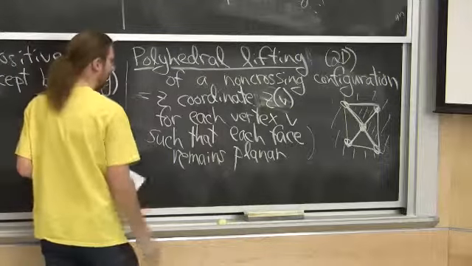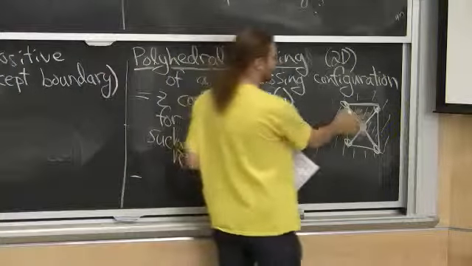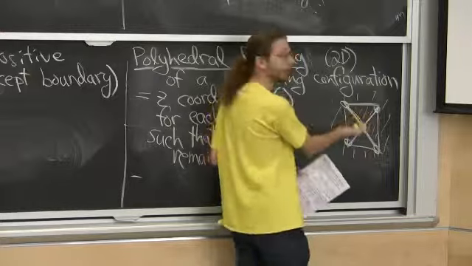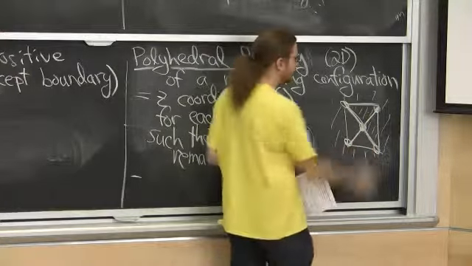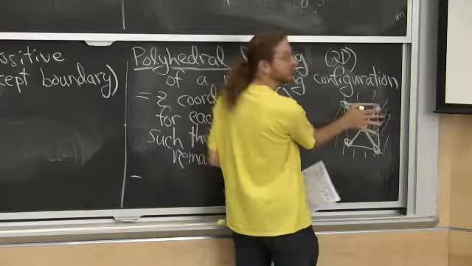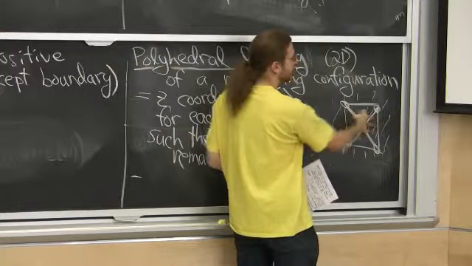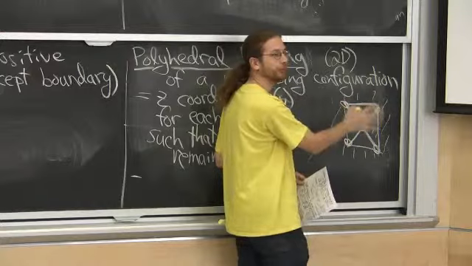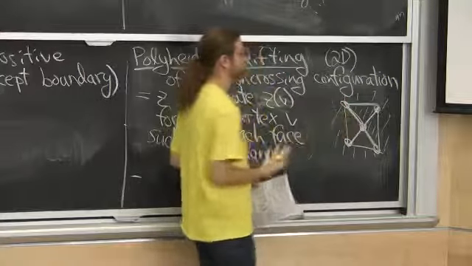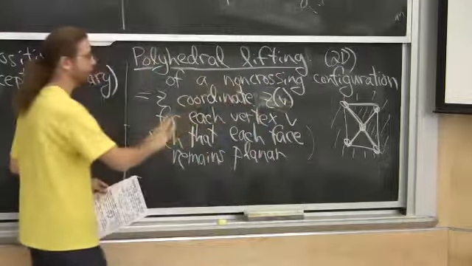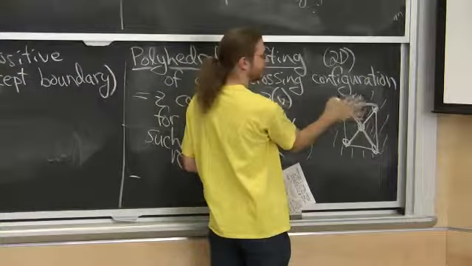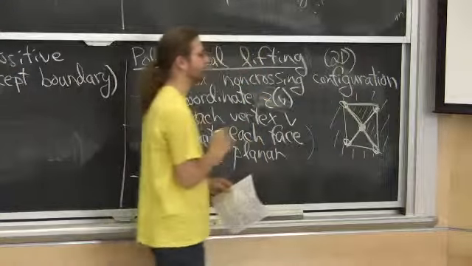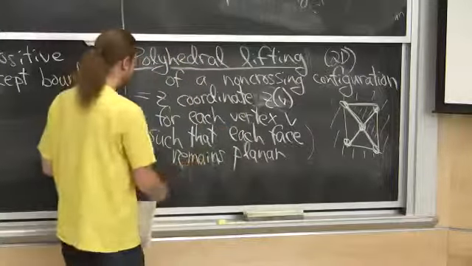One thing you can do, there's some freedom here if you have any lifting. Or for example, you could not lift them at all. Set all the z-coordinates to 0. That's fine. You could also just lift everything onto some other plane. And generally you have a rigid motion of freedom. You can't translate around, but you have 2 rotational freedoms, I think. And so I'd like to get rid of those.